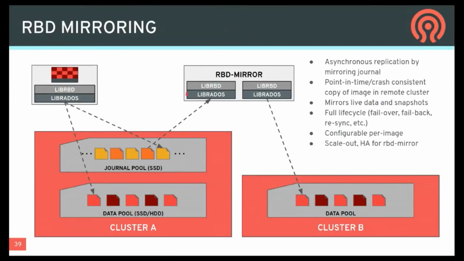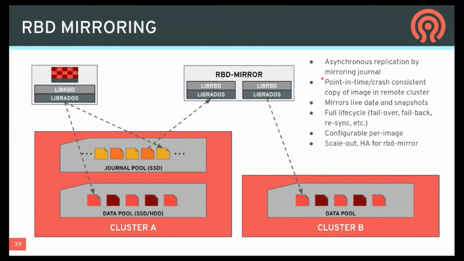But then you also have an RBD mirroring daemon, which is essentially just watching all the writes happening to this image in the journal and reading them. Then it's applying them to a copy of the image that's stored in a separate cluster, probably in a separate data center. So this gives you an asynchronous copy of the image in a different cluster.